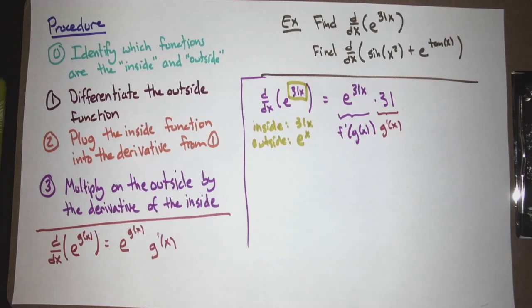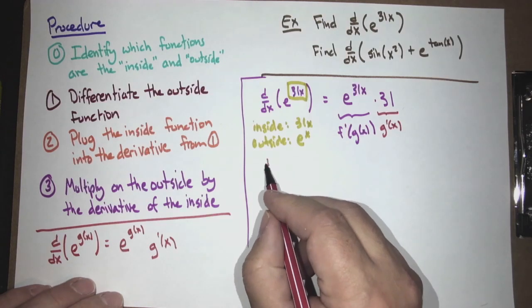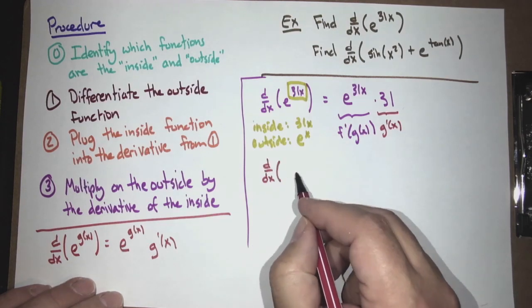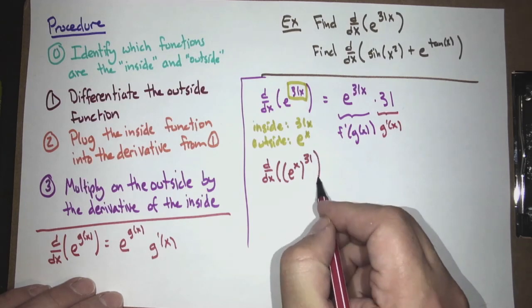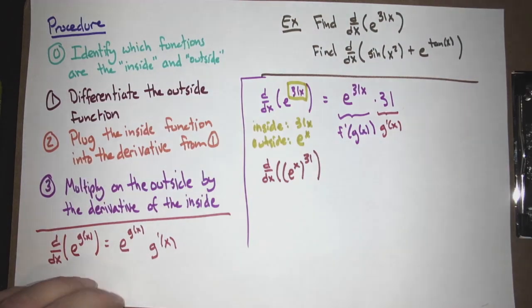Okay, so I'm going to take the derivative now of e to the x raised to the power 31. Whoa, someone said, whoa, same thing. Is it? Well, let's find out. What's the inside function here?